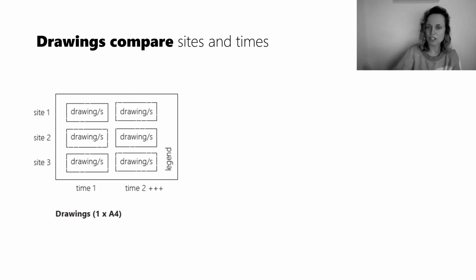So you're showing field-based observation. You might be comparing sites that are similar to find a pattern. You might be comparing sites that are different, again to find a pattern or demonstrate a pattern.